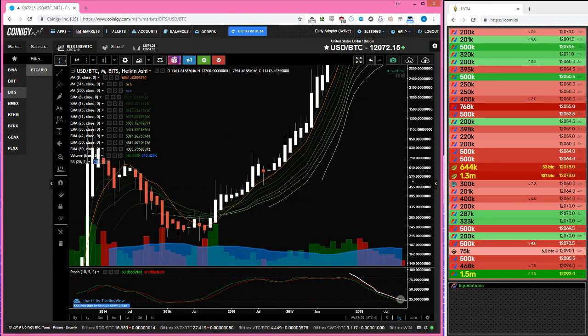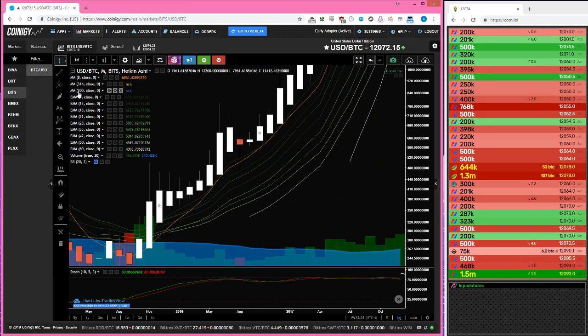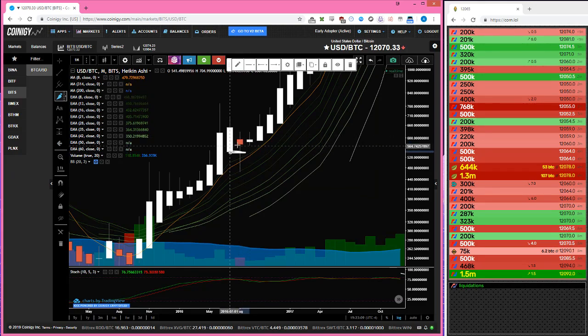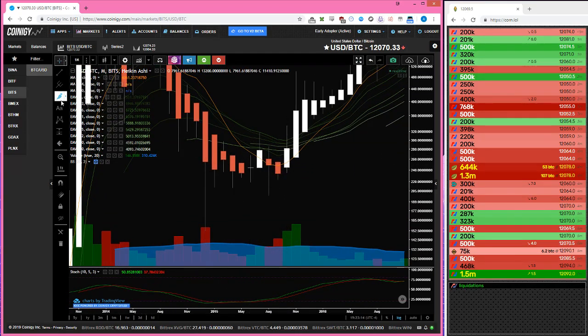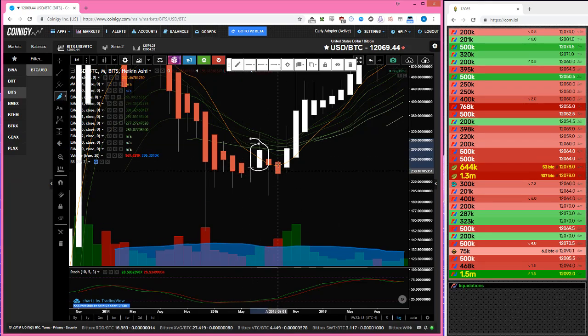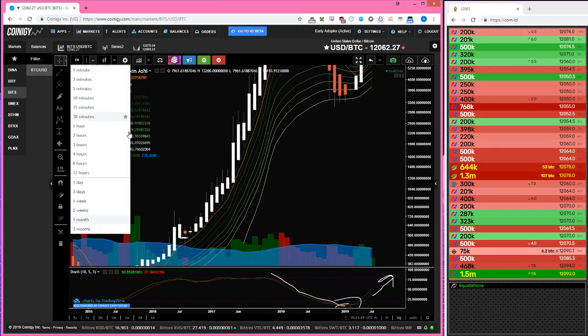Basically, the theory is you exit only if the next candle closes below the previous high. So you wouldn't exit here. You would exit here actually. So if you were shorting this, you would have missed this little bit. But it's just meant to help you follow the trend.